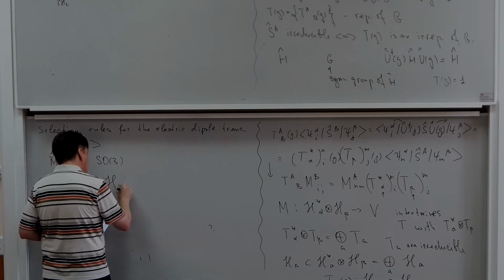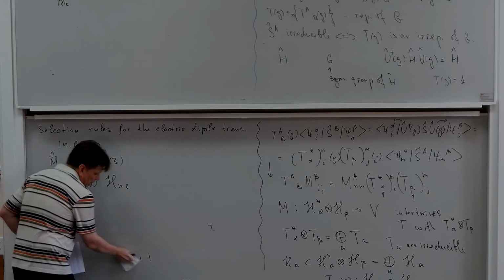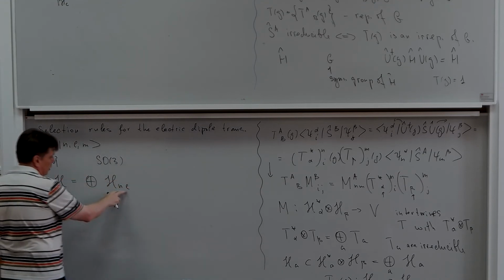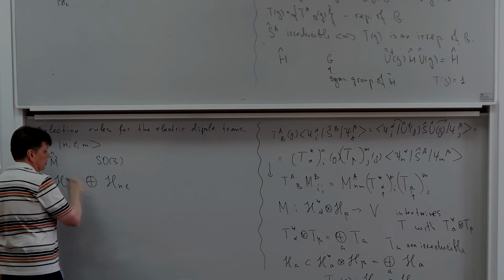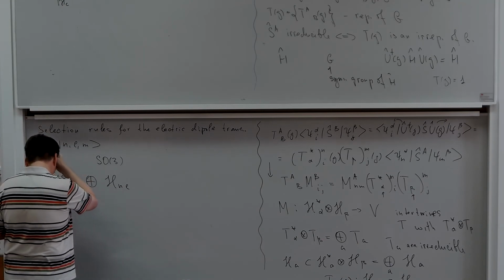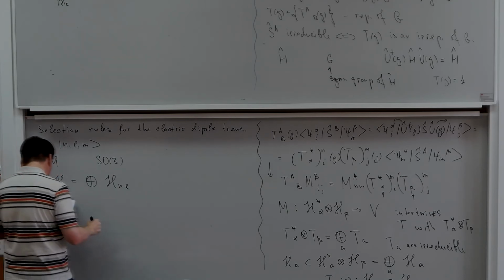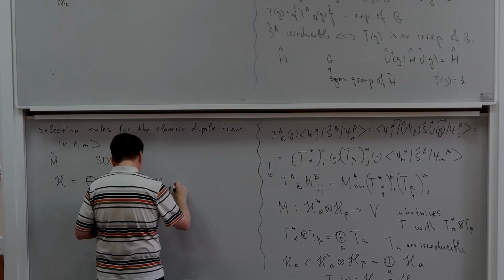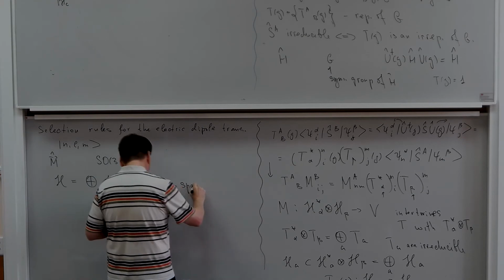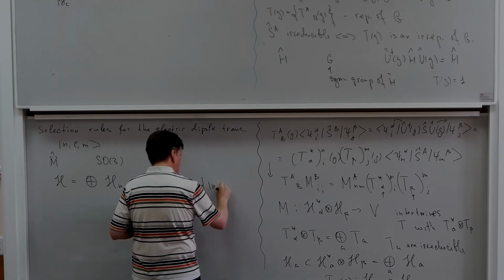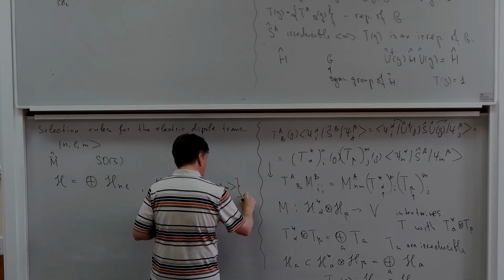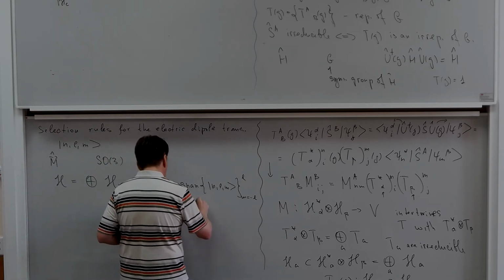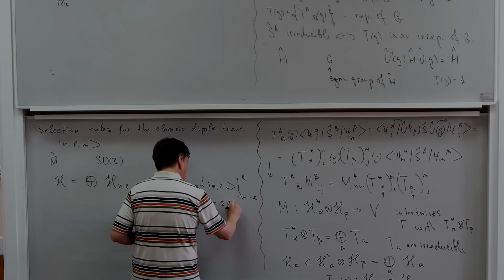And each invariant subspace is labeled by two quantum numbers, N and L, the principal quantum number and the orbital quantum number, so that the subspace H_NL is spanned by the vectors |N, L, M>, where M runs from minus L to L, so that the dimension of H_NL is equal to 2L plus 1.